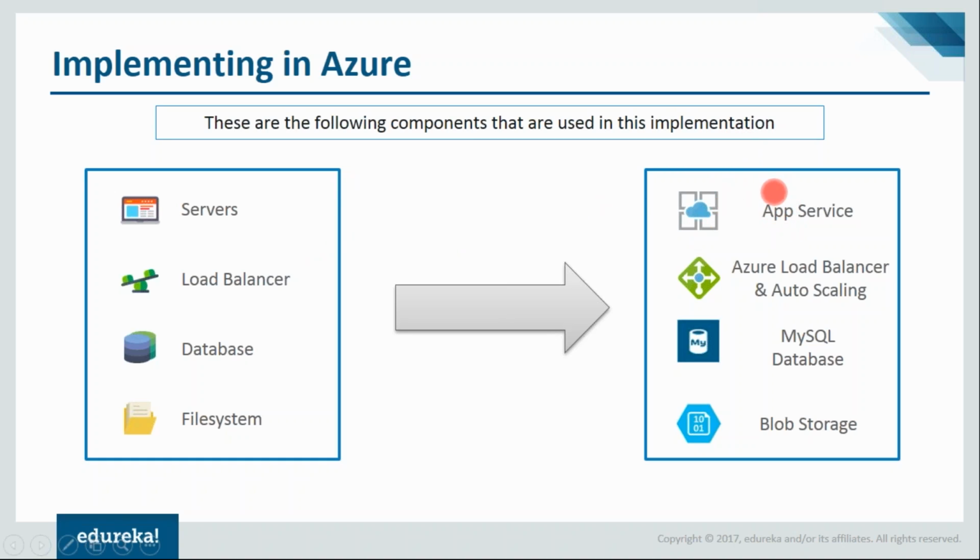We'll be discussing that in the further slides. Then the load balancer and auto scaling: the load balancer is implemented by the Azure load balancer and auto scaling. Then the database is the MySQL database that we'll be using in Azure. And then you have the file system, which is called Blob Storage in Azure.